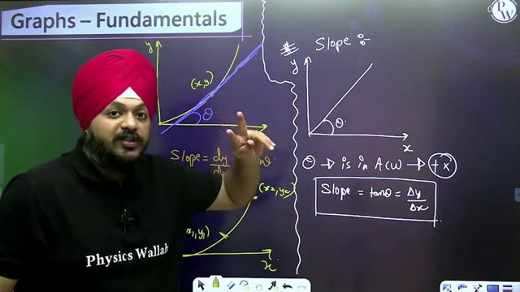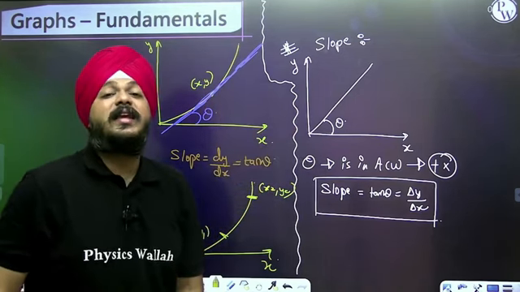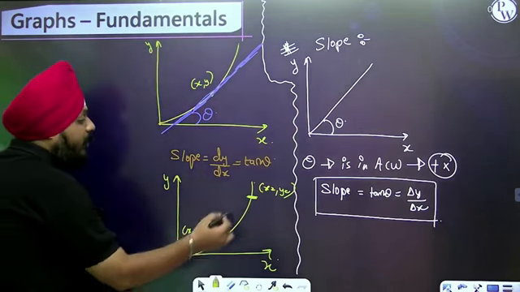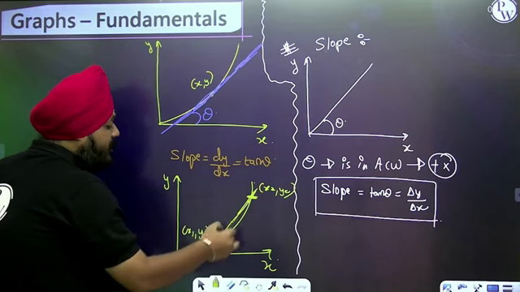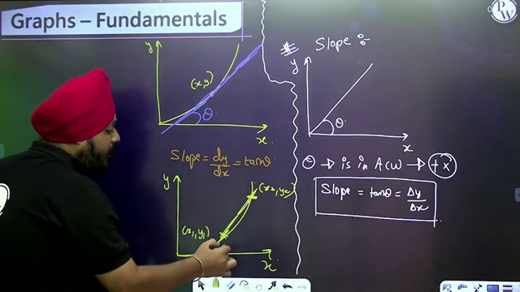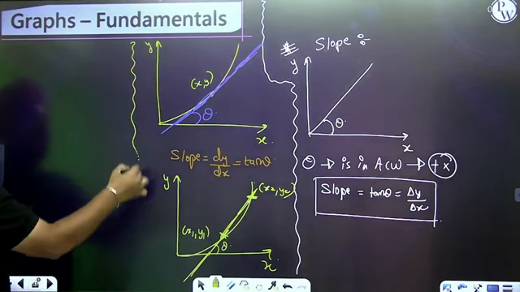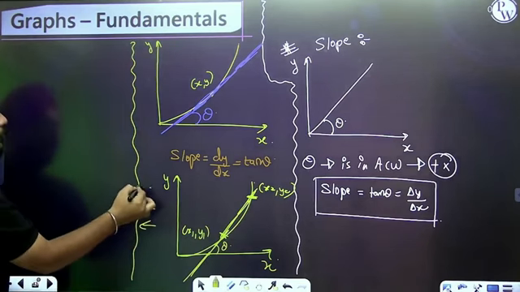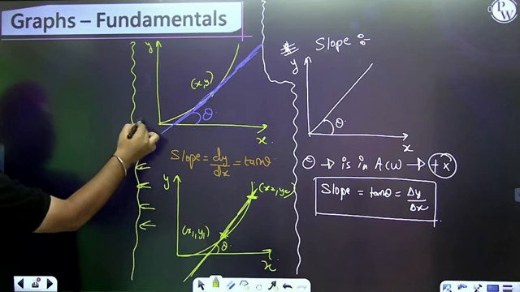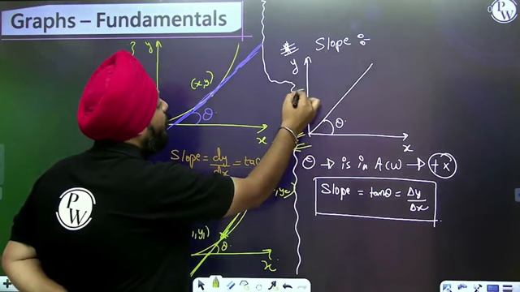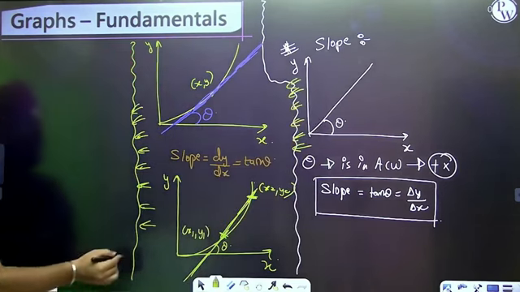If it is crossing through 2 points, draw the secant. This is all you have seen in basic mathematics. Draw the secant, and this will give you the idea of the slope.